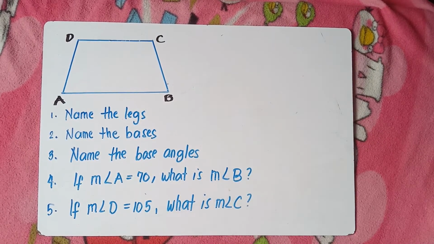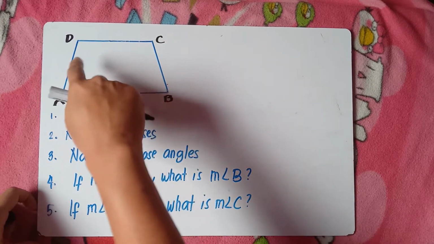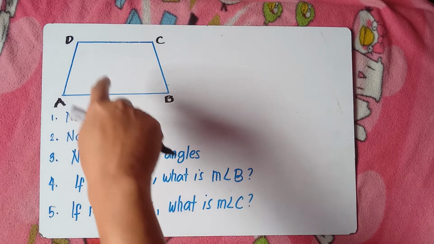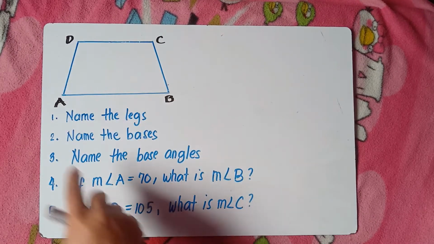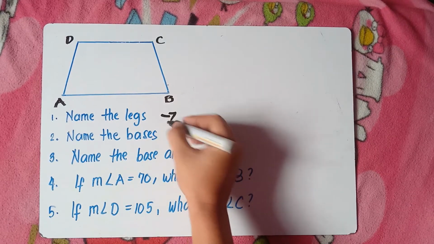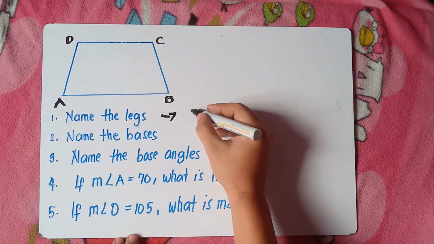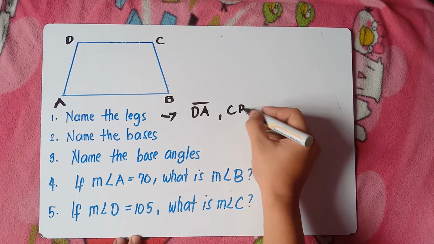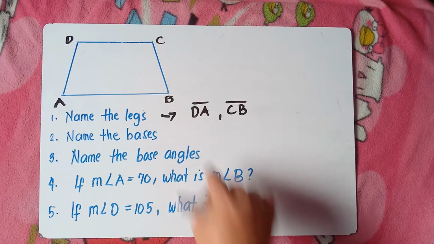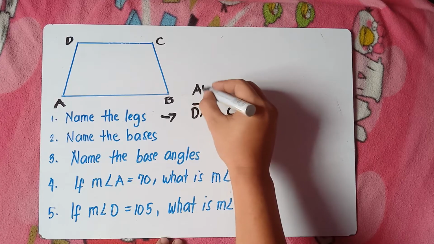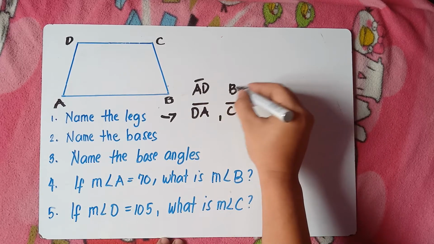Now, name the legs. The teacher asks you to name the legs. Do not forget that these are the legs, line DA and line CB. Once again, class, this is an isosceles trapezoid. So your answer will be line DA and line CB. Would it be okay to put line AD and line BC?